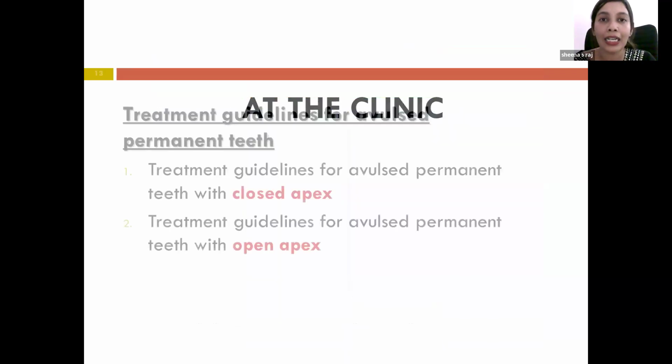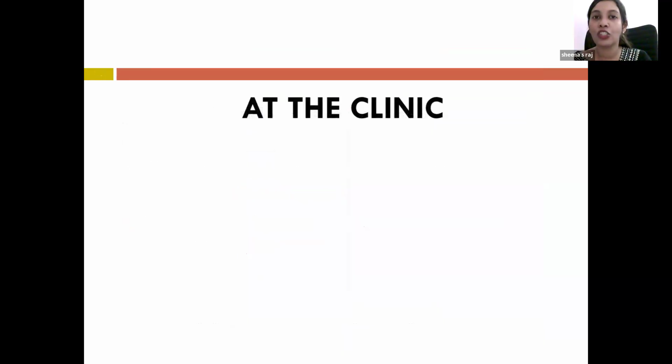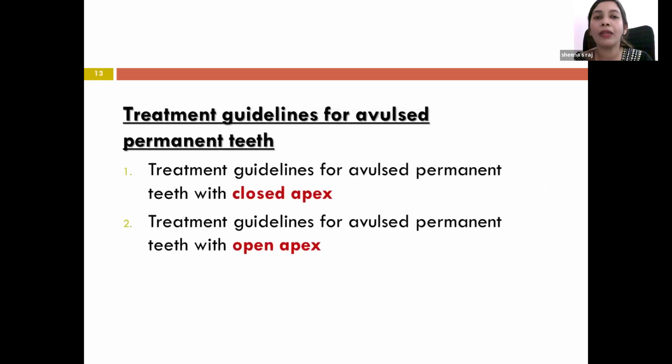So coming to the clinic, till now we have discussed what happens when a tooth is avulsed and what we do at the time of the trauma. Now we have come to a position where the patient is coming to the clinic. The treatment is divided into two: either it is a closed apex or an open apex.